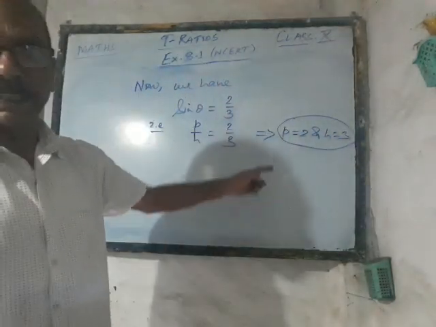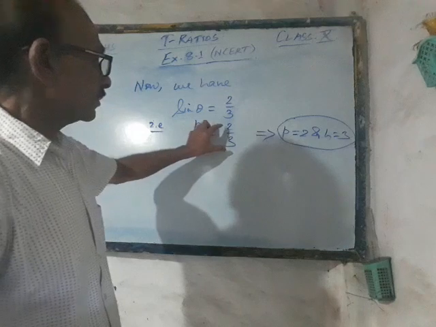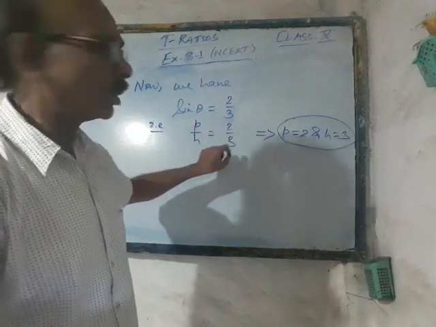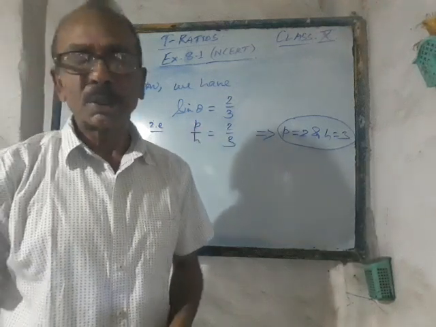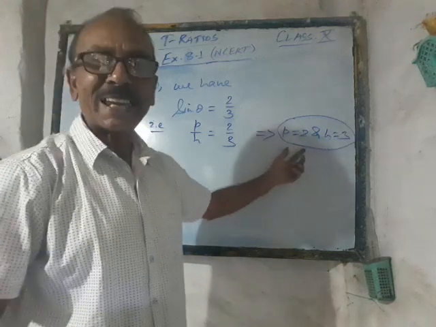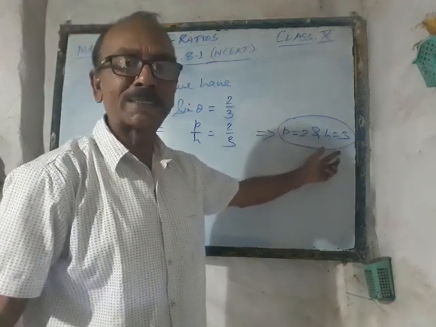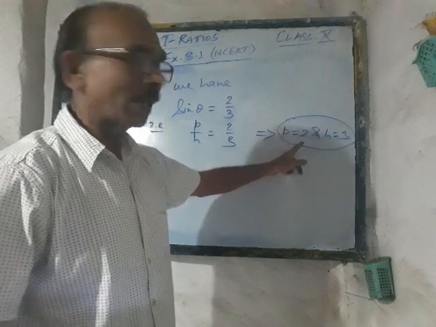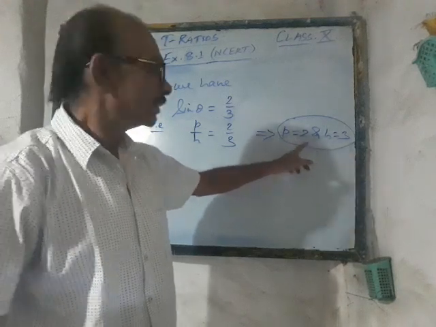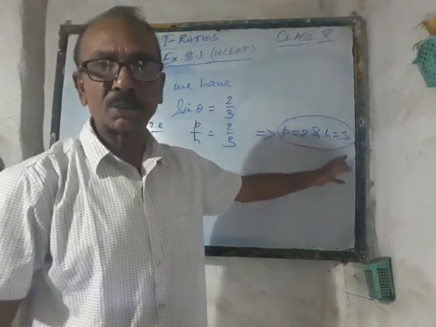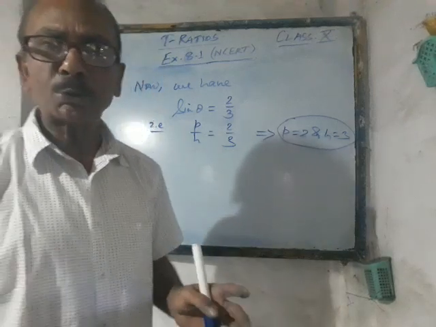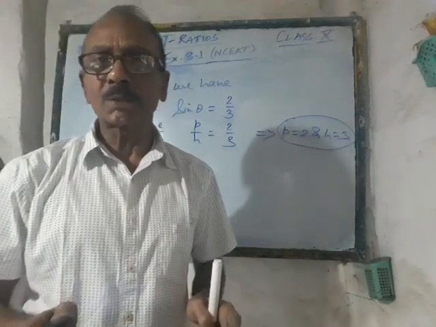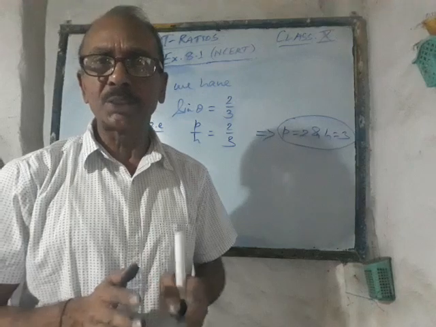In fact, you cannot do this. Here we have got the ratio of perpendicular and hypotenuse, not the exact length of the perpendicular as well as the exact length of the hypotenuse. So we have no right to write that perpendicular is equal to 2 units and hypotenuse is equal to 3 units. You have to represent them in terms of a non-zero positive real number.